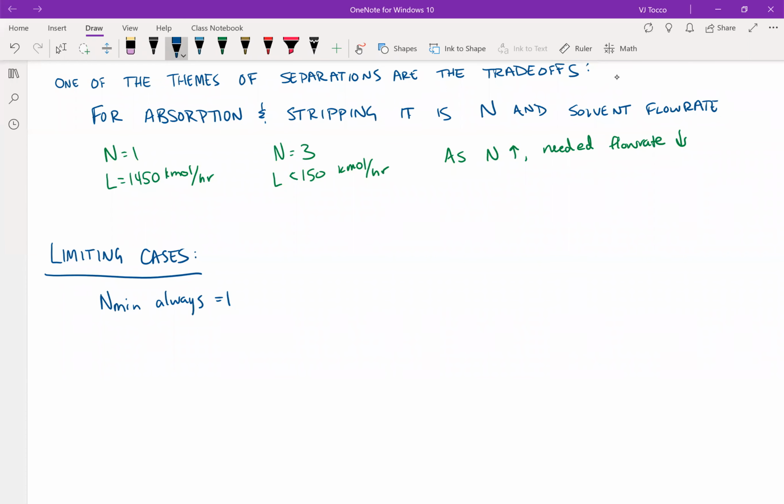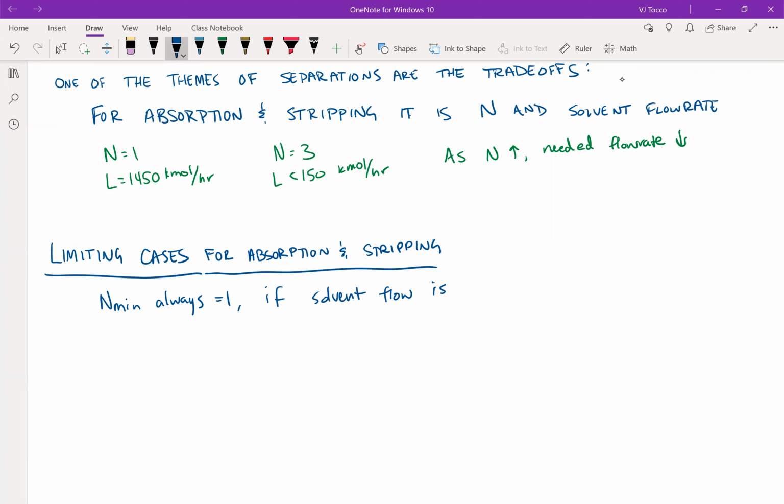So unlike for distillation, where sometimes n min was greater than 1, for absorption and stripping, n min is always equal to 1. And this, of course, assumes that the solvent flow rate is high enough. So I'll just draw you a quick graph to display this.